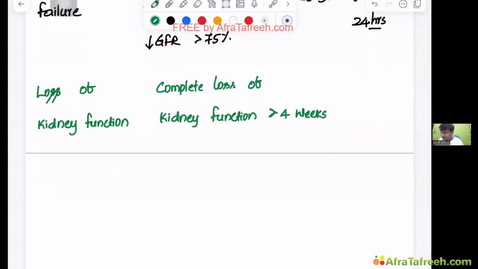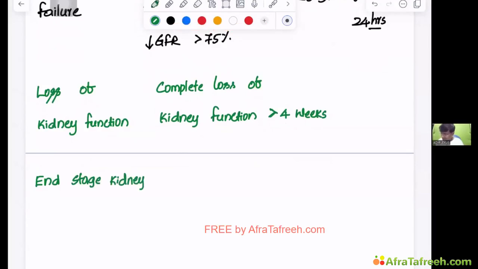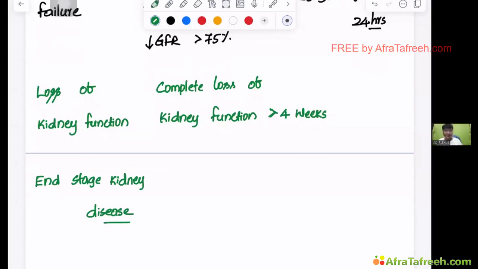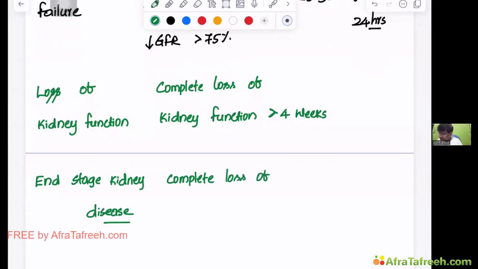Then we have end stage kidney disease. So when do we call end stage kidney disease? When there is complete loss of kidney function for how many days?